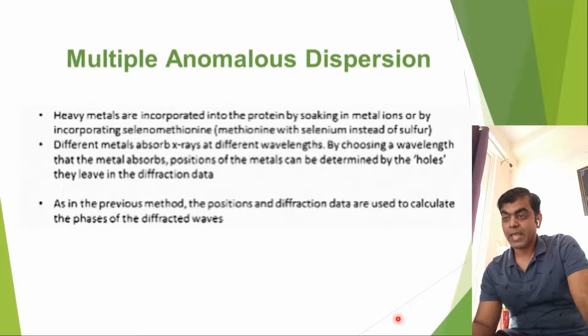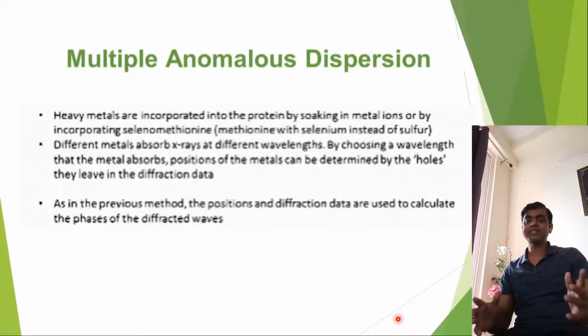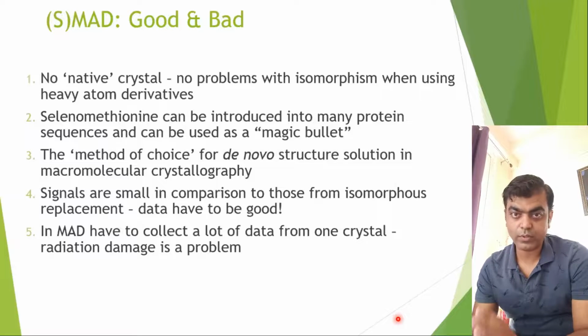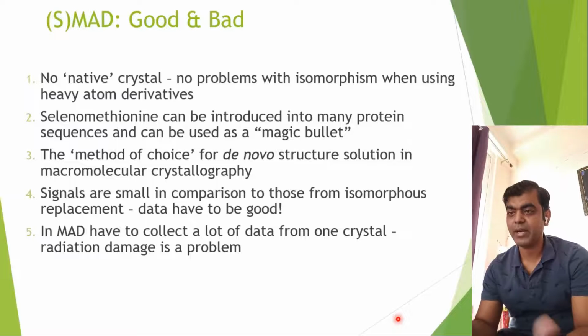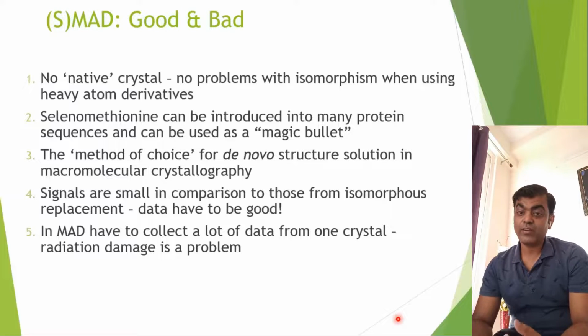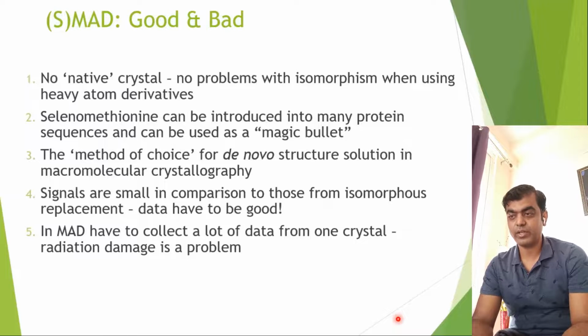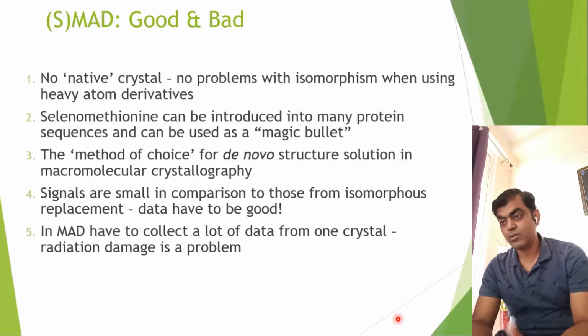Now obviously there will be pros and cons with all these methods. The good is that in the MIR and MAD case you are not using a native protein or native crystal, so no problems with isomorphism when using heavy atom derivatives. I can say that's good.